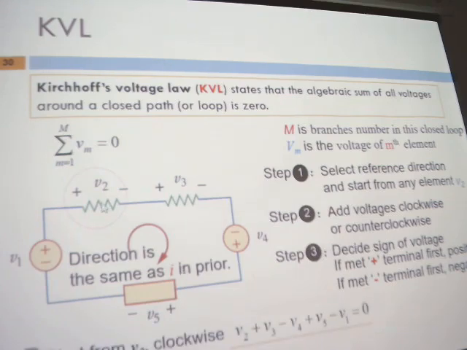So here in this example, we start from V2. So V2, going inside into the positive, so should be positive, and going to V3, and then going to V4, minus, and then going to V5 and minus V1.